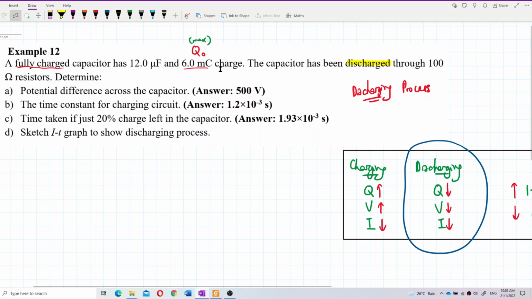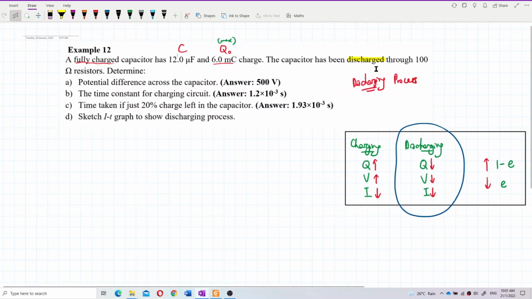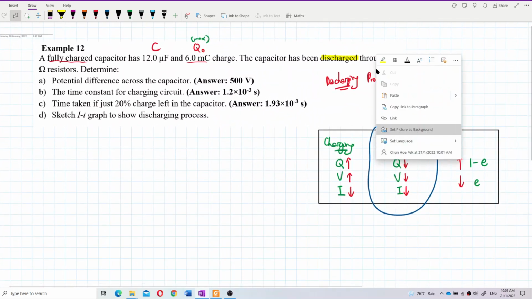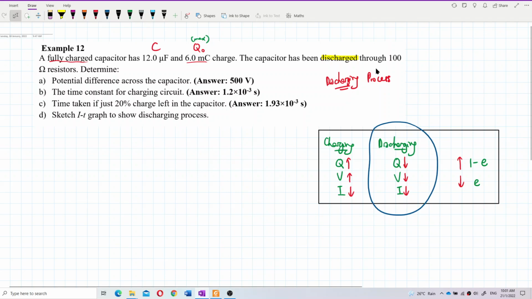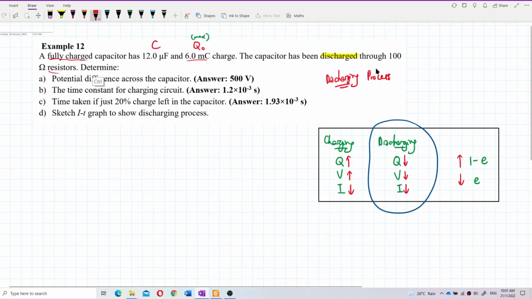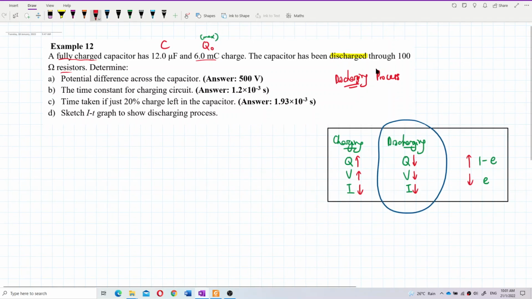Millicoulomb, you have to change to SI unit, coulomb. This 12 microfarad is the capacitance of the capacitor, and the resistor is 100 ohm. So this is the resistance.